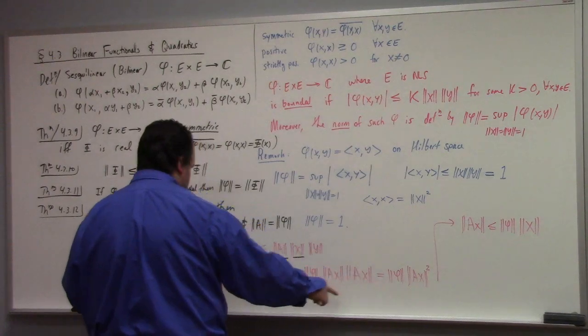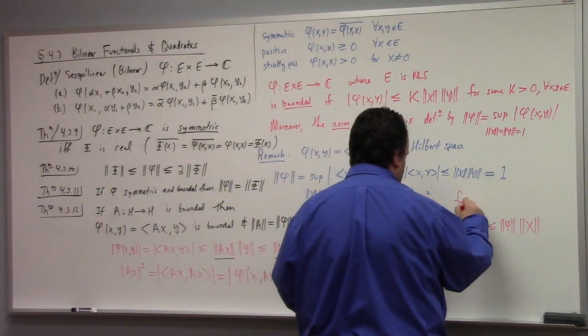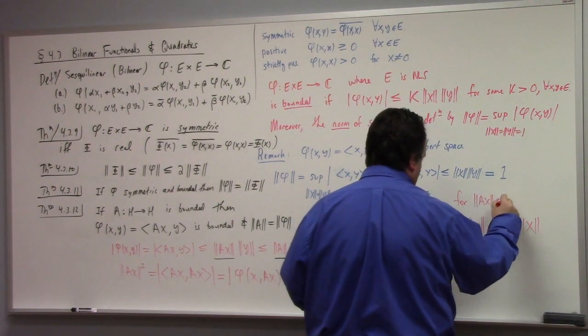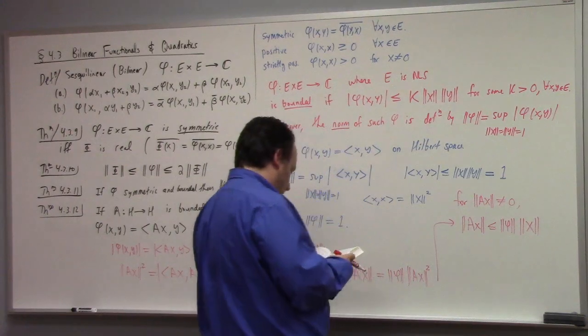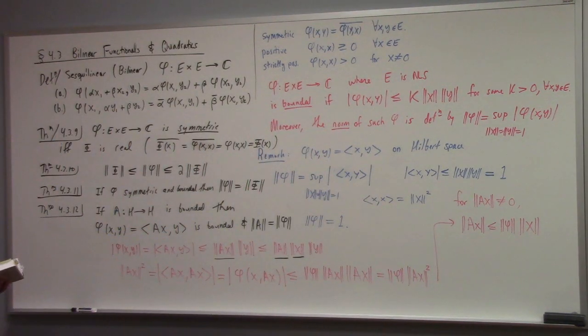He's just dividing by the norm of Ax. You see that? Of course, if Ax is not equal to 0, the norm of Ax is not equal to 0. And he says, since the above inequality is trivially satisfied if Ax is equal to 0, we obtain that the norm of A is less than or equal to the norm of phi.